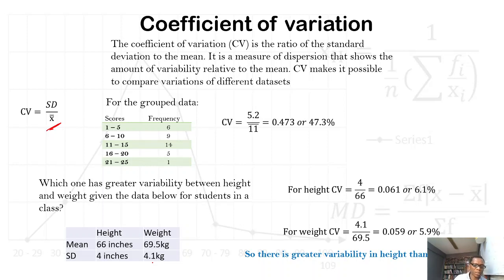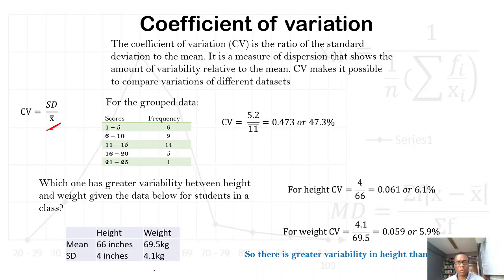So if you look at weight, it has a standard deviation of 4.1, while height has a standard deviation of 4. But we cannot compare them directly because they are using different units of measurement.